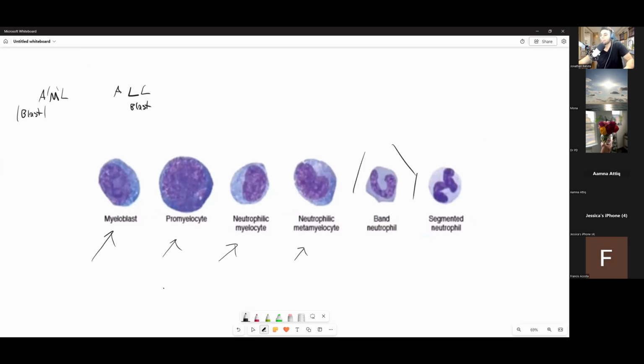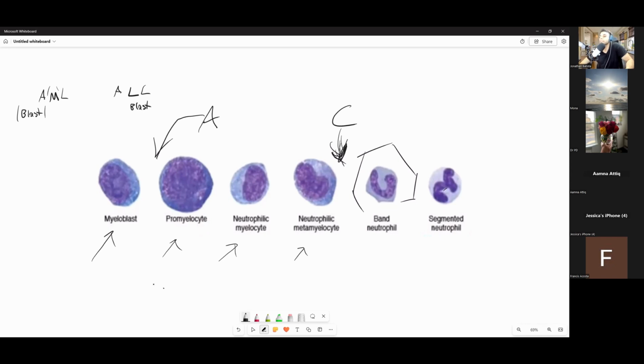Band is officially an immature neutrophil. And finally, you have your mature segmented neutrophil. If it's acute, it's happening at a very early stage. If it's chronic, it's happening later on.